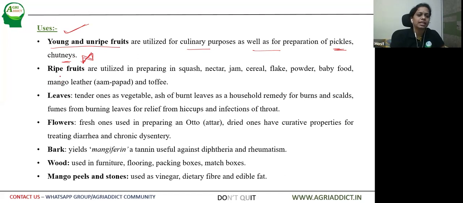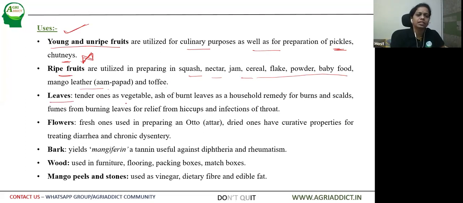Then the ripe fruits are mainly used for table purposes. They are eaten fresh or used in preparing squash, nectar, jam, cereal flakes, powder, baby food, and the popular aam papad, that is mango leather, and also toffee.